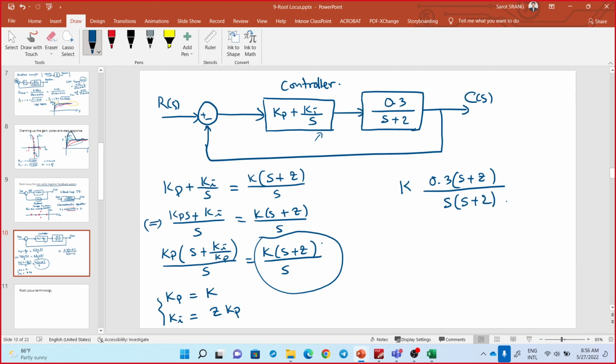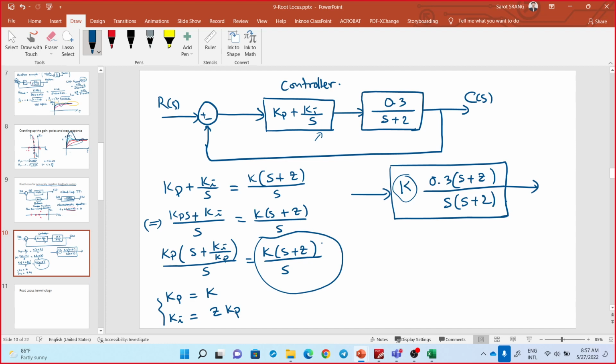So this is the equivalent transfer function for the open loop. Then we have the same structure that we can use root locus to find the optimal value of K according to our desired output.